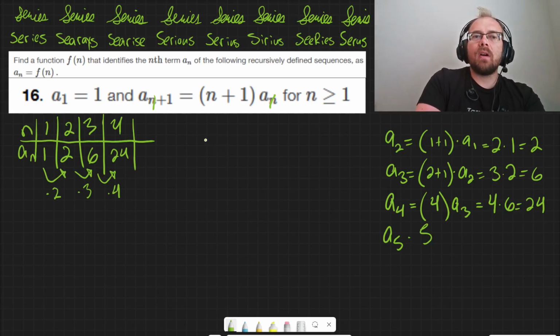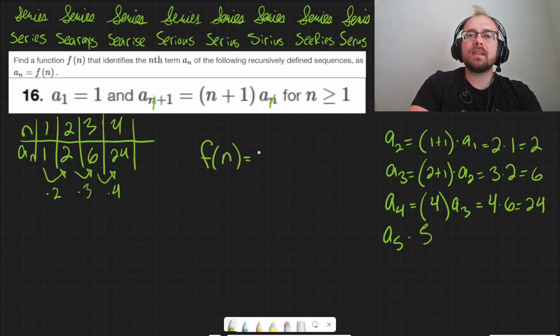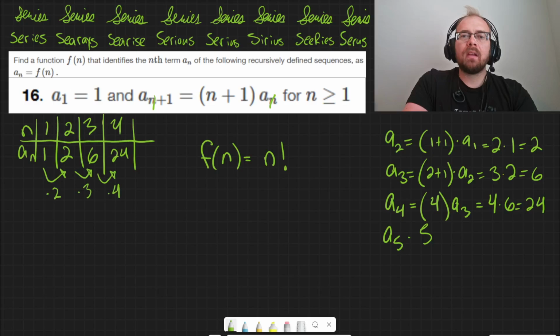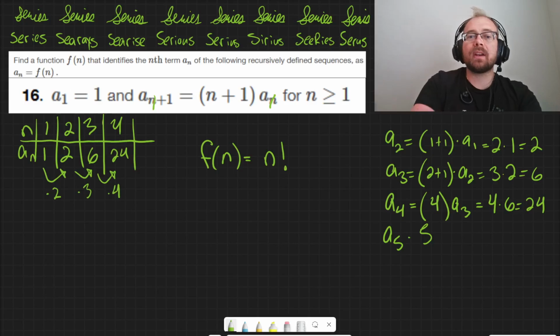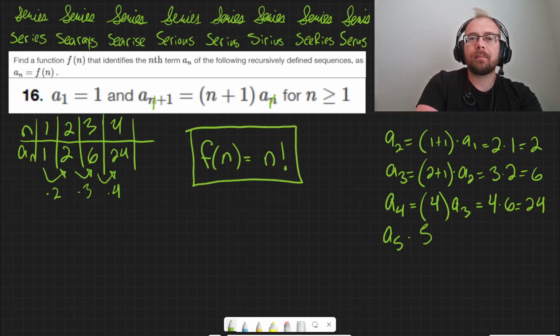So all I have to do now is say, okay, let's just use a factorial and then see if we need to adjust it. n factorial. Okay, so a sub 1 is 1. 1 factorial is 1. Good so far. F of 2, as in a sub 2, that would be 2 factorial, which is 2. Still good. F of 3 would be 3 factorial. 3 factorial is 3 times 2 times 1, which is 6. So it looks like we're actually good to go here. This would just be n factorial.